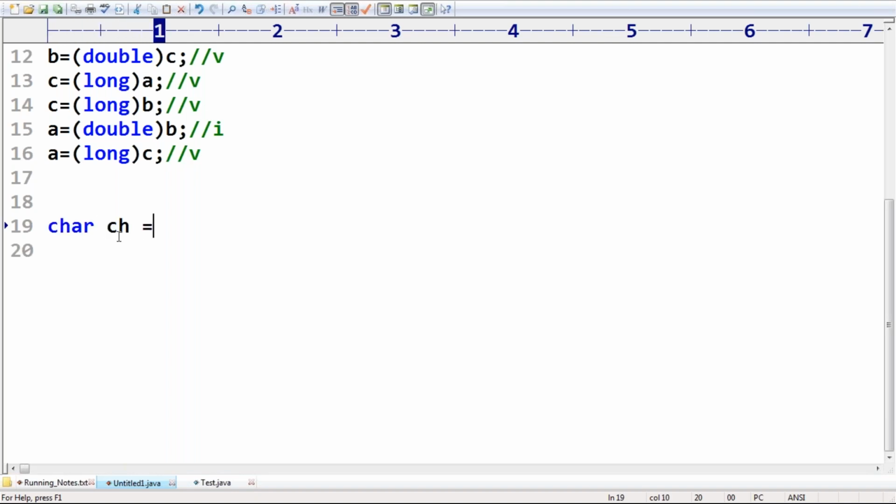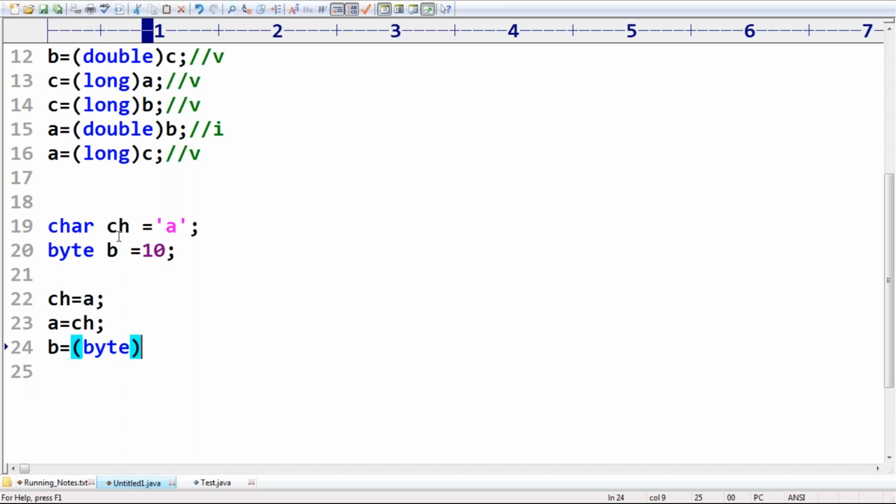char ch is equal to 'A', I'm taking. byte b is equal to 10, I'm taking. Now ch is equal to b, b is equal to ch, next b is equal to (byte) ch, next ch is equal to (char) b.